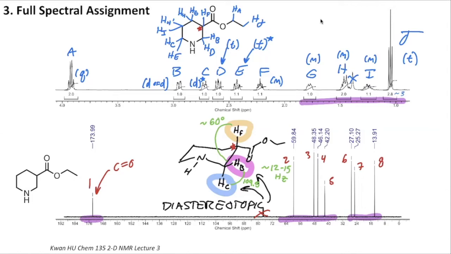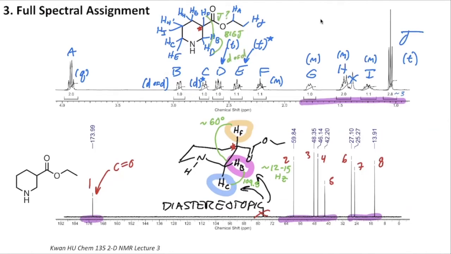If we're focusing on D, we know that D should be split by B for a big J, geminal coupling, and we would expect HD to also be split by F to some kind of a J. We don't exactly know what the magnitude of that J would be. It's also always based on the angle. So we would expect to see D as a doublet of doublets.